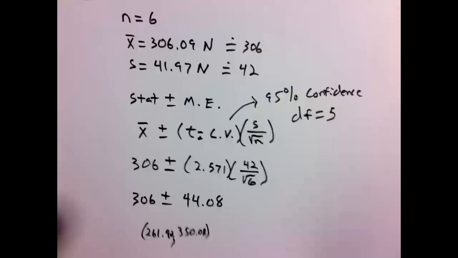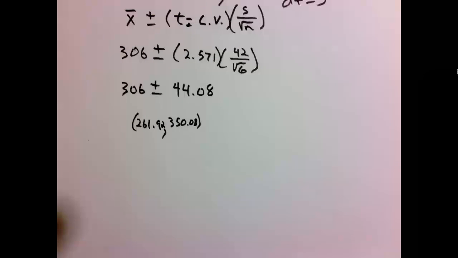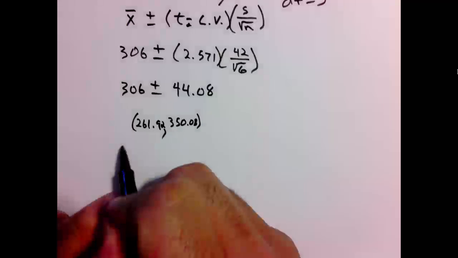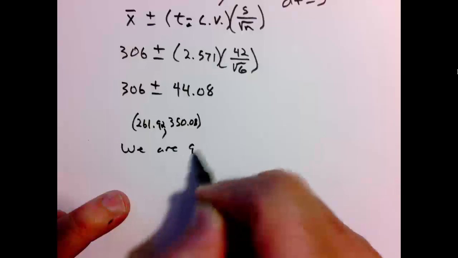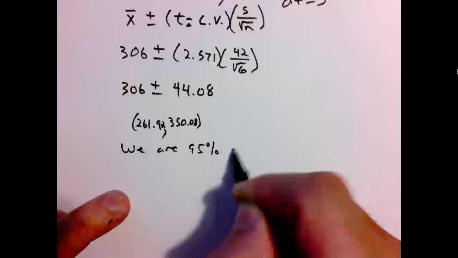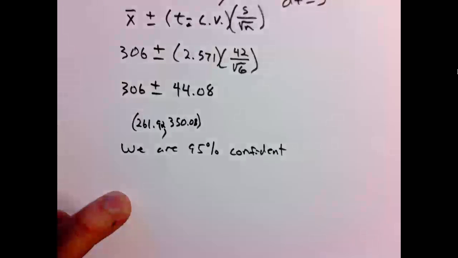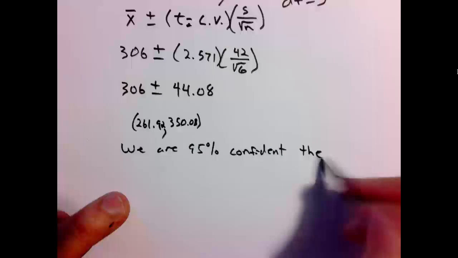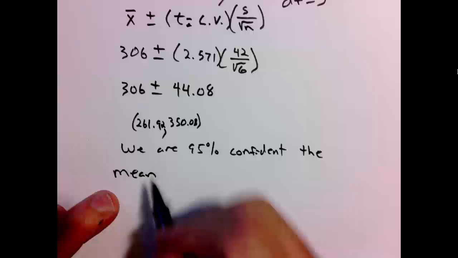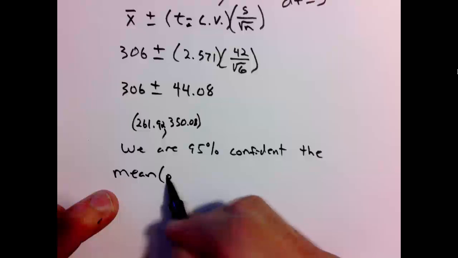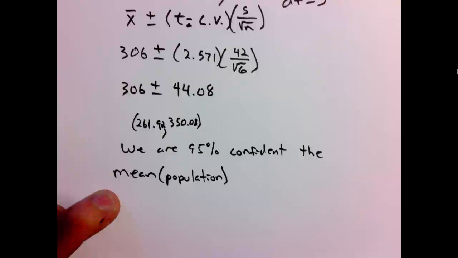And then we write what it is that we are indeed estimating. So we say we are 95% confident the mean, that's what we estimated, and it's the population mean we're talking about, not the sample.